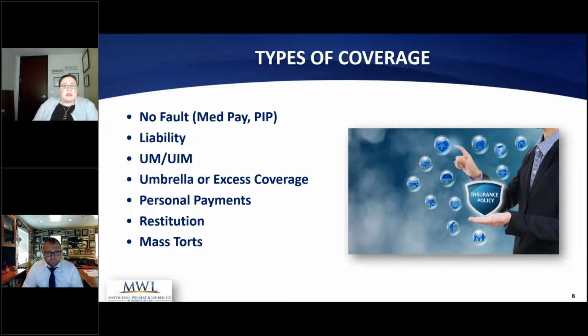In many states, the coverage is going to be pretty minimal. You're going to be dealing with maybe $5,000 in coverage, maybe it's only $1,000. But in some states, that can be really meaningful. If you're handling files in Michigan, no fault is going to be a huge deal because on a motor vehicle accident, the no fault coverage is essentially unlimited.